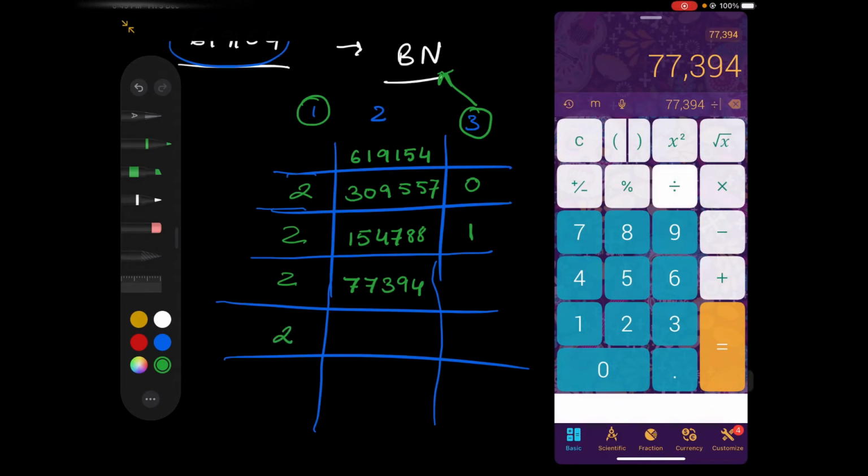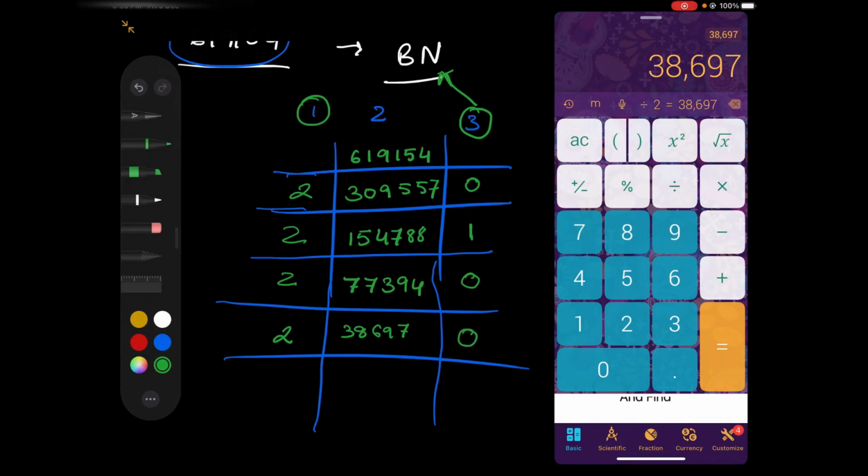Divided by 2, there was no decimal, so we are going to write 0. Now again we divide it by 2, and we are getting 38697. It has no decimal, so we again write 0.